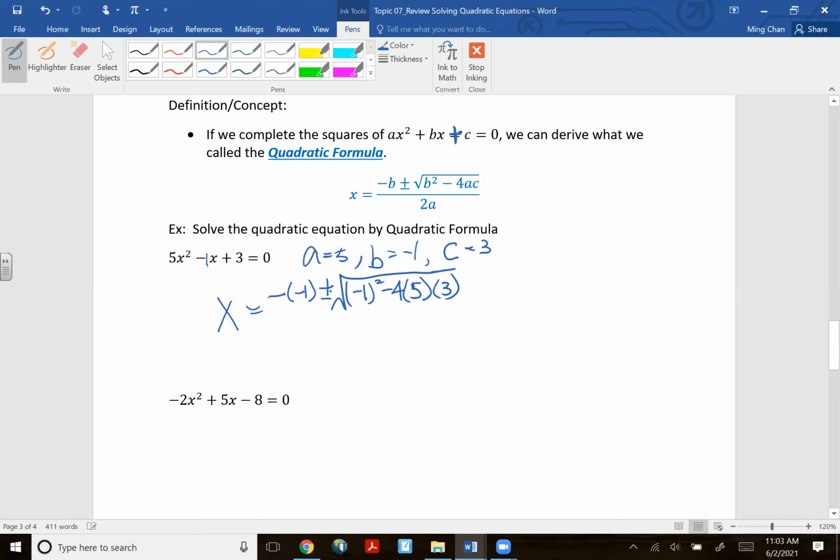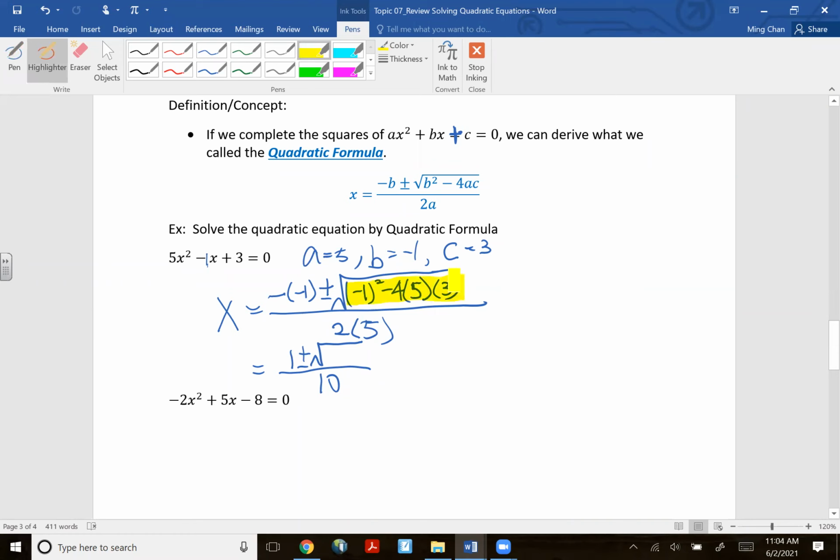Then remember this plus and minus on the numerator means the numerator has two terms. Both of these terms on the numerator are going to be shared by one denominator, 2 times a, 2 times the 5. So let me simplify. The -1 times -1 in front of the plus or minus will be positive 1. 2 times 5 down here will be a 10. So now the question is, what is inside the square root?